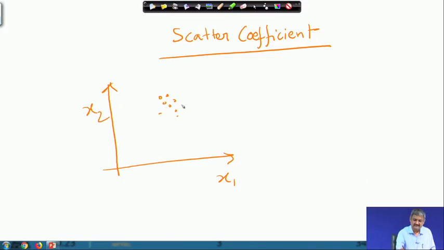If I have points like this, and this is my clustering, you take all these distances.